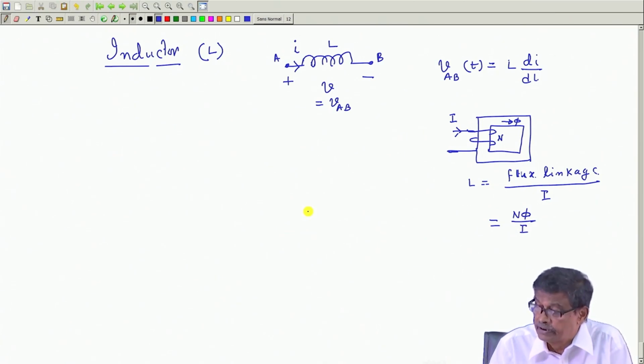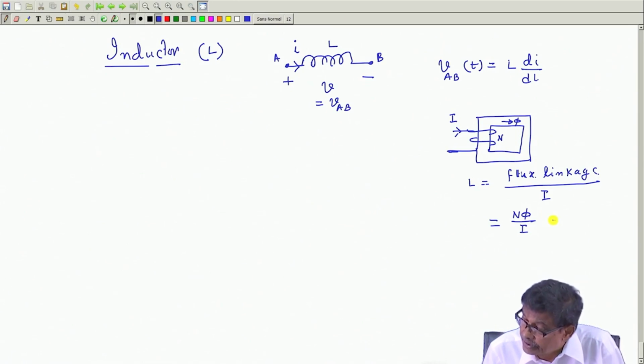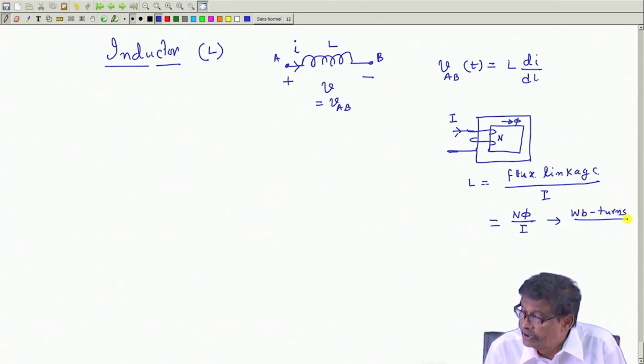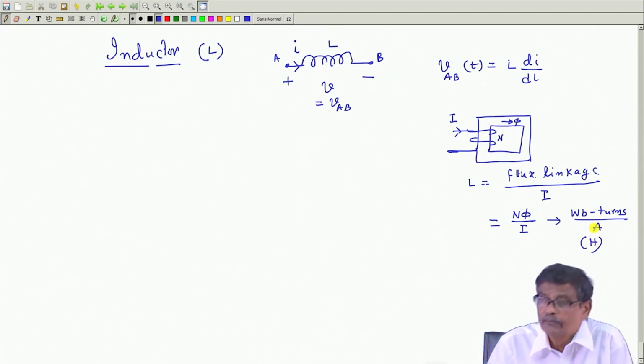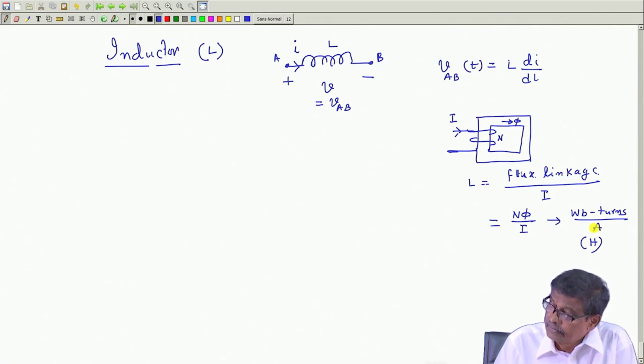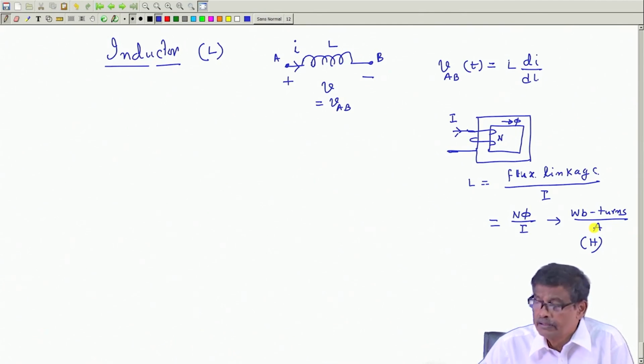That is Weber turns. So, its basic unit is Weber, flux is Weber, Weber turns per ampere, and this is called Henry, 1 Henry inductance. Whatever comes out, that much Henry it will be. That is, if you pass 1 ampere current, if the flux linkage is also 1 Weber turn, then it is a 1 Henry inductor.